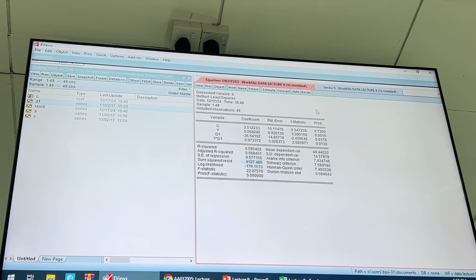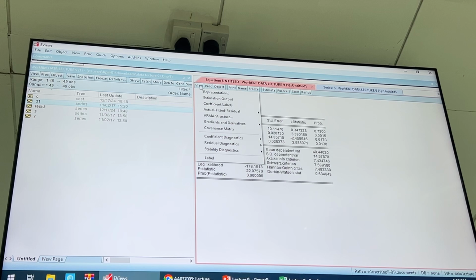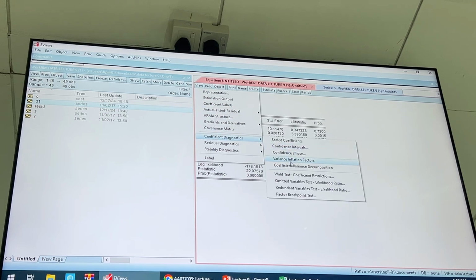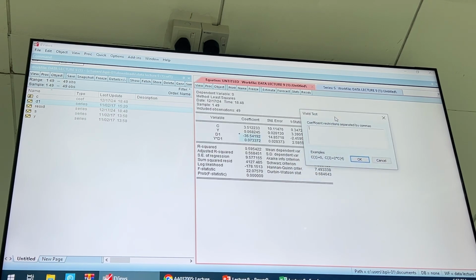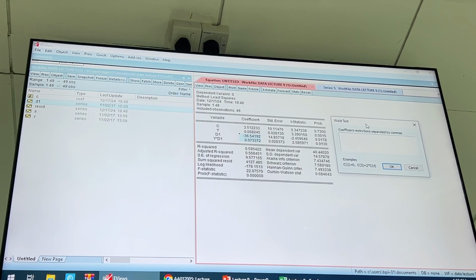In EViews, you can perform the test easily using the Wald test. You need to test whether the coefficients beta 2 and beta 3 are jointly equal to 0 or not. You just go to View, Coefficient Diagnostics, Wald Test, just like the question last week. The first part is a very easy question.